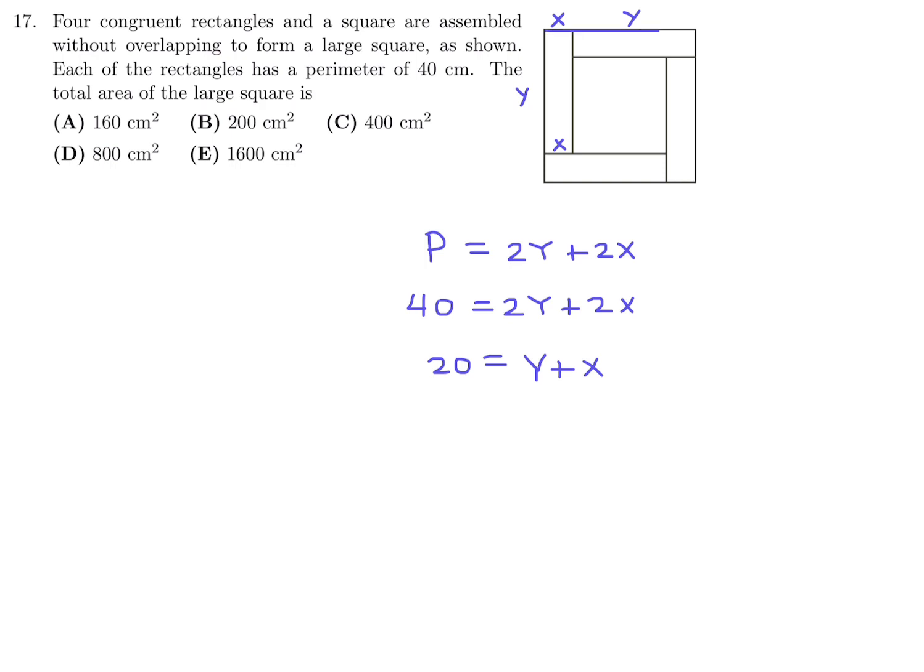Well, the area of the large square is just going to be (x plus y) times (x plus y), right? Because from here to here is x, and therefore this whole side is x plus y. So the area of that big square is (x plus y) squared, and x plus y is 20, so it's just 20 squared. So that is 400. So number 17, the answer is C.